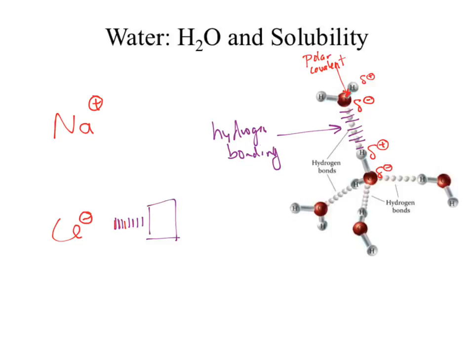Hydrogen or oxygen? Since you said oxygen, what charge does our oxygen build? Negative. What happens when the partial negative gets near another partial negative? They repel. Is that going to be a good interaction? No. Okay. So what atom should I be putting in there? A hydrogen.